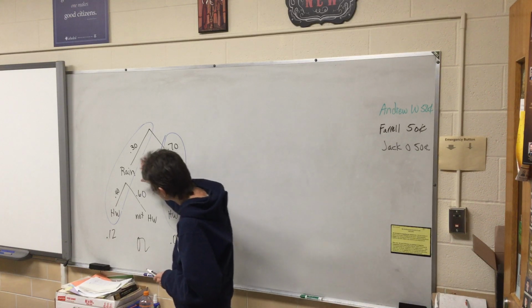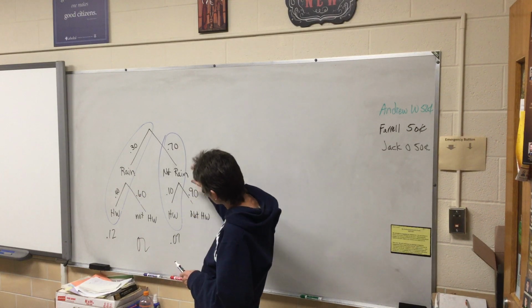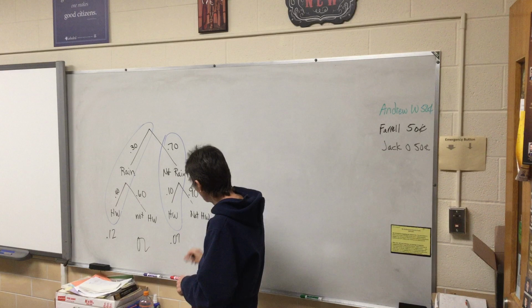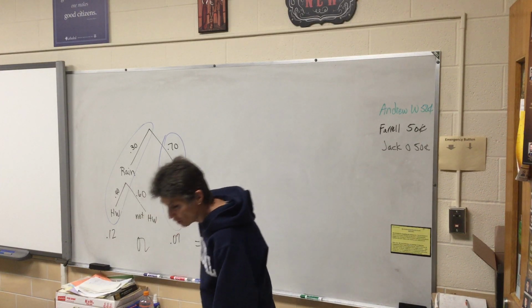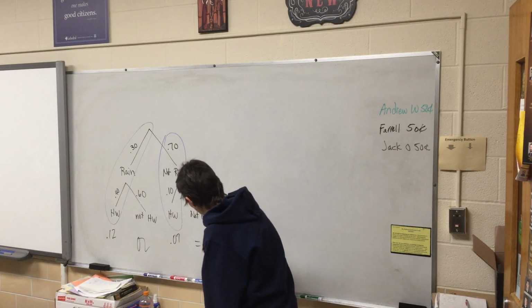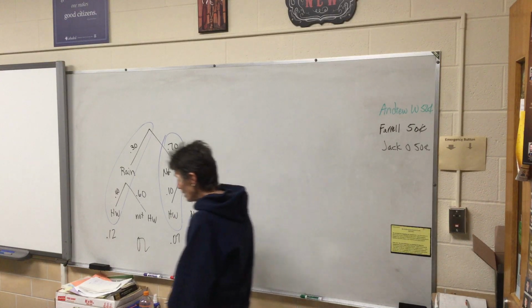So if his probability of doing it in the rain is 0.12, and his probability of doing it in the not rain is 0.07, what is the total probability of Joe doing his homework? 0.19. Bingo.